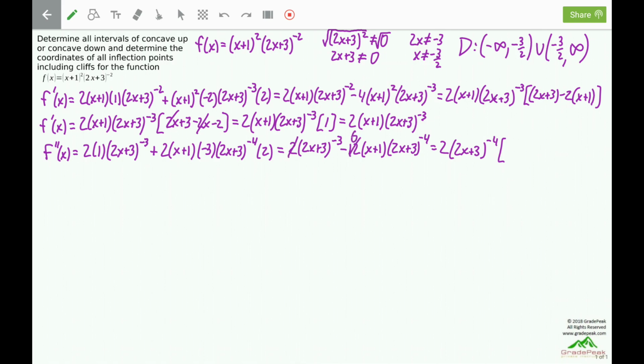That'll become a minus 6. Factoring out a 2x plus 3 to the minus 4. Factoring is division, and division is subtraction of exponents. We'll be subtracting a negative 4, which is equivalent to adding a 4 to each of the exponents. Negative 3 plus 4 will become a 1. Negative 4 plus 4 will become a 0, and anything to the 0 is a 1. There's what we'll have left, a 2x plus 3 minus 6 times an x plus 1.